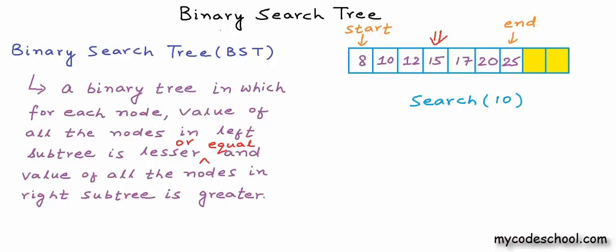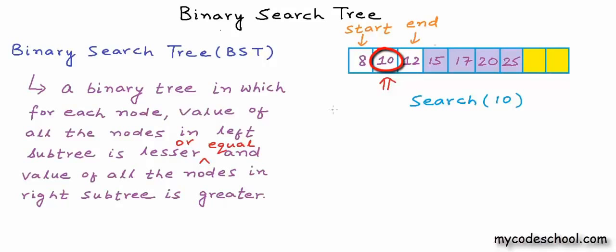If the element being searched is lesser, we go searching in the left half, else we go searching in the right half. In case of equality, we have found the element. In this case 10 is lesser than 15, so we will go searching towards the left. Our search space is now reduced to half. Once again we compare to the mid element and bingo, this time we have got a match.